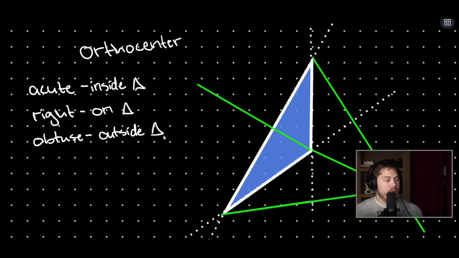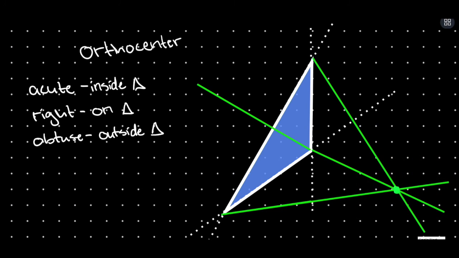Excellent. Then we had the orthocenter. Remember, for the orthocenter, it's going to be in a different location whether it's an acute, right, or obtuse triangle. This was our example for the obtuse triangle. Here I'll remove myself again. We found the intersection point to be right behind where I was, right here. And again, the orthocenter is where your altitudes meet. It's the intersection of your altitudes.